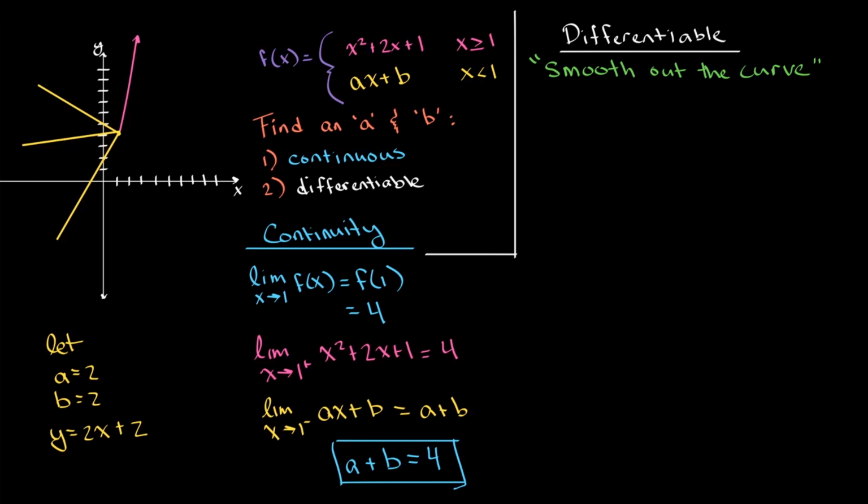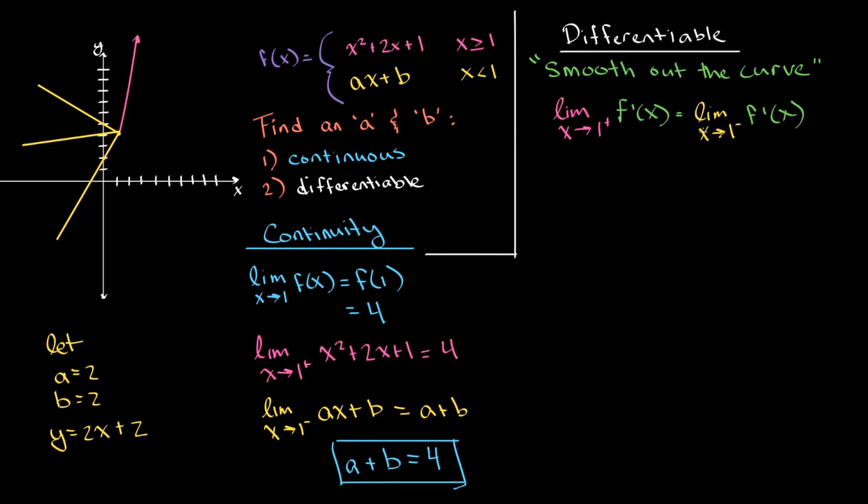So we would need the limit as x goes to 1 from the positive side of our derivative function, f prime of x, to be equal to the limit as x goes to 1 from the negative side of, again, our derivative function, f prime of x.